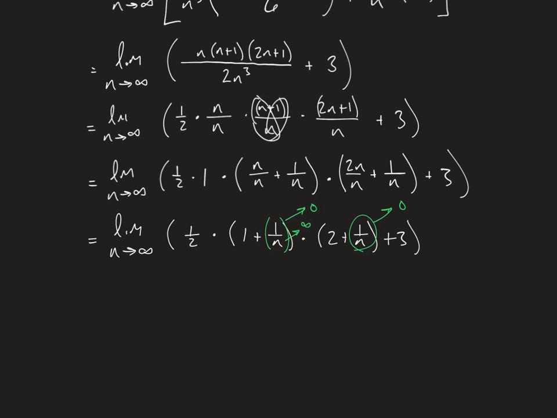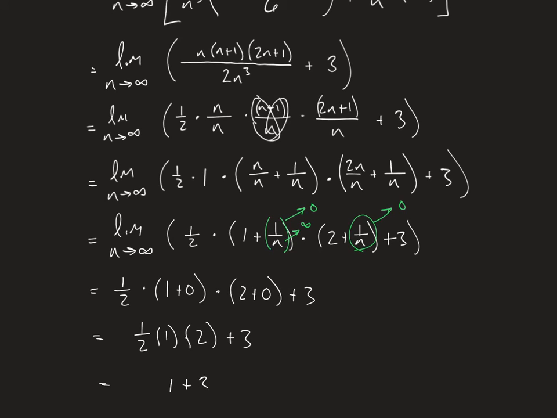So if n is approaching infinity, then this entire expression is going to end up being 1/2 times 1 plus 0 times 2 plus 0 plus 3, which we can simplify: 1/2 times 1 times 2 plus 3, and 1/2 times 1 times 2 is 1, which plus 3 is 4. Not what you would have expected.